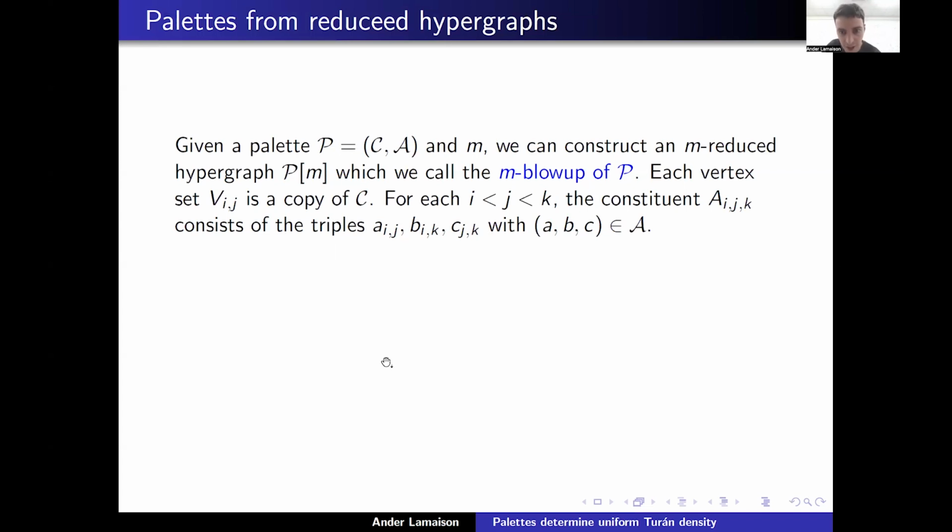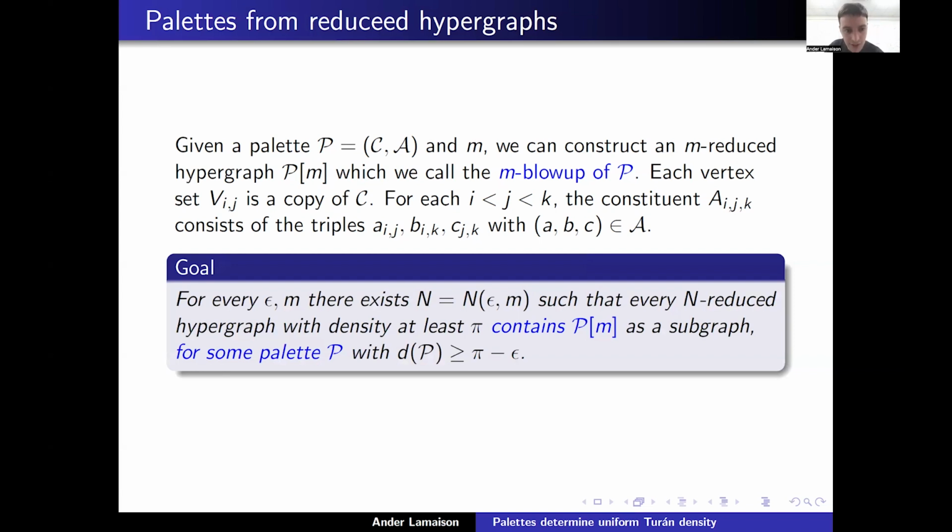And then every constituent is going to consist of all the ordered triples of colors which correspond to the admissible triples in the palette. Okay, so essentially this is a palette, a reduced hypergraph in which all the constituents look exactly the same.